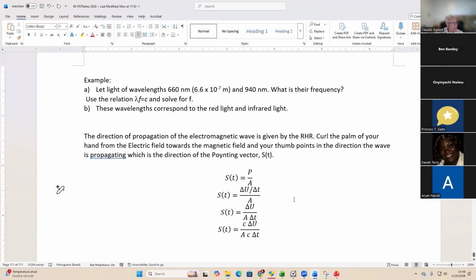And when we do that, c delta t can be written down as delta x, the amount that the wave moved in a delta t time, right?